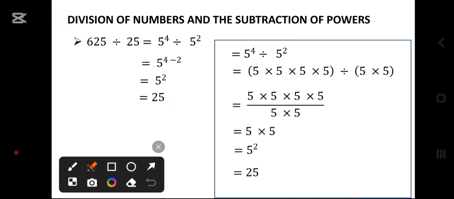So let's look at these balls to know the other way we can do division of numbers and the subtraction of powers. 5 raised to power 4 means 5 in 4 places. 5 raised to power 2 means 5 in 2 places. So 5 raised to power 4 divided by 5 raised to power 2 will give us this.